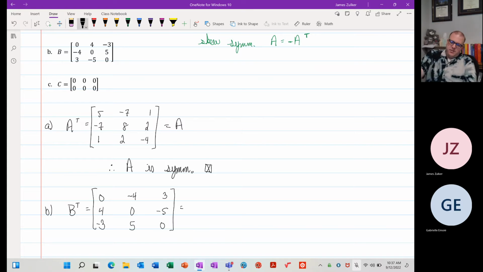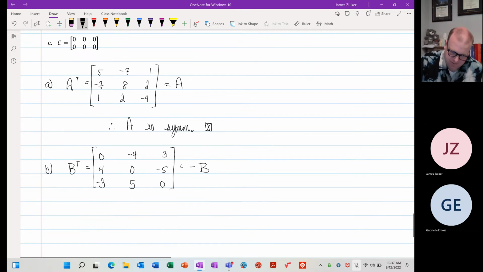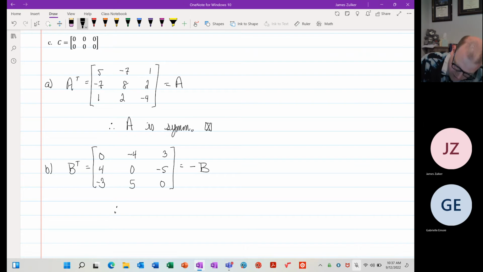Well, if we look, each entry of row 1 of B transpose is the negative of the entries of row 1 in B. And it's the same thing for row 2 and row 3. That's negative B, right? So therefore we say B is skew symmetric.